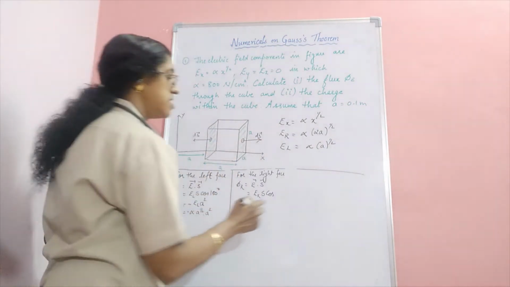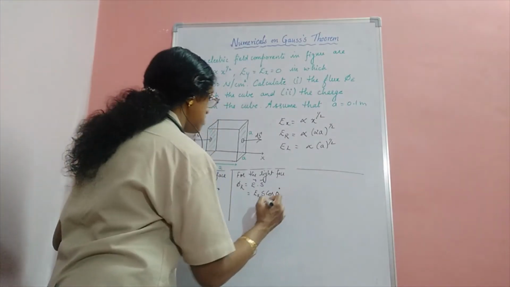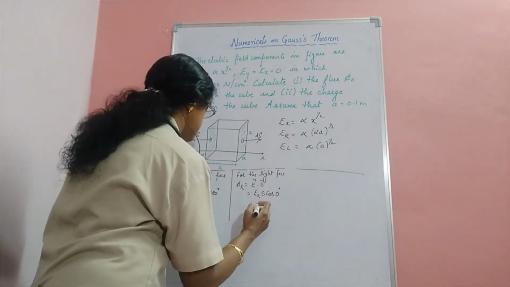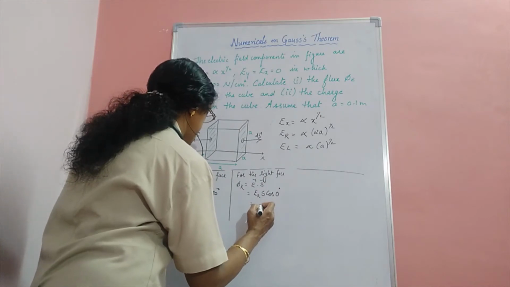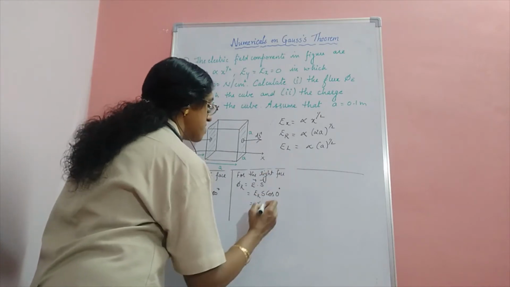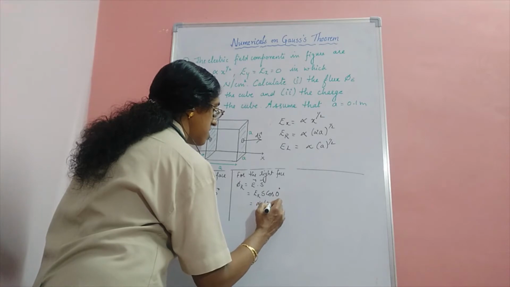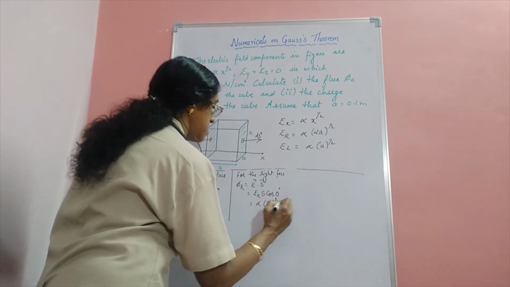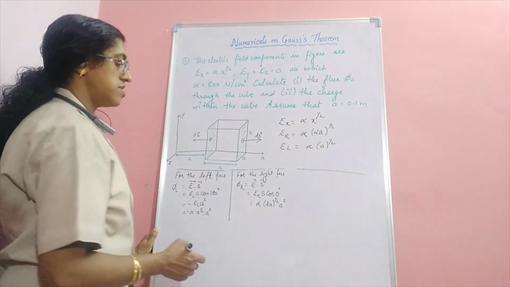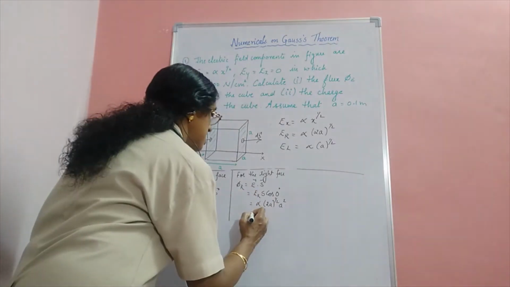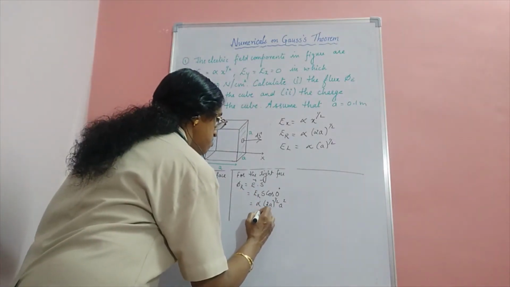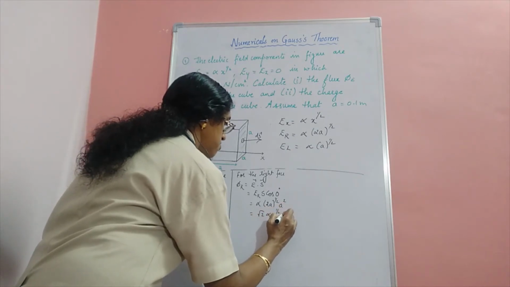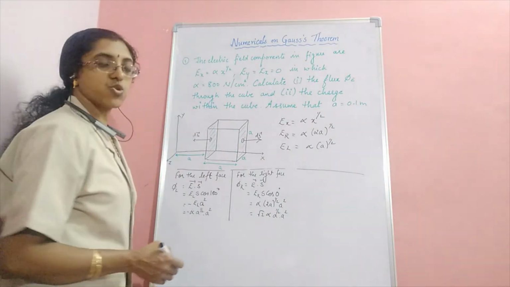It is 0, so it would be cos 0 degrees. Now, ER is equal to alpha (2A) to the power of 1 upon 2, and S is A square. Now, this can be written as root 2 alpha A to the power of 1 upon 2 into A square.